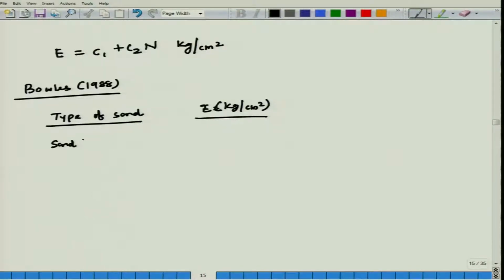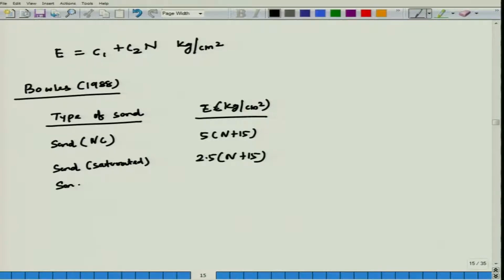For sand NC, NC is normally consolidated soil, E is equal to 5 into N plus 15. Then sand saturated, in this case it will be 2.5 N plus 15. Then sand over consolidated, it is 7.5 into N plus 24.